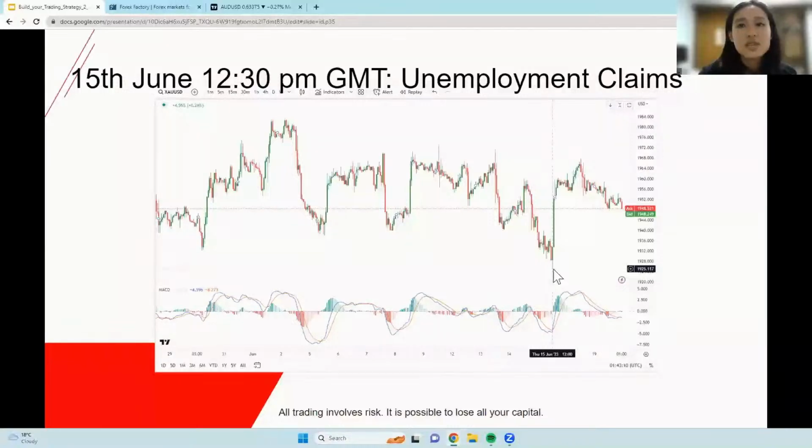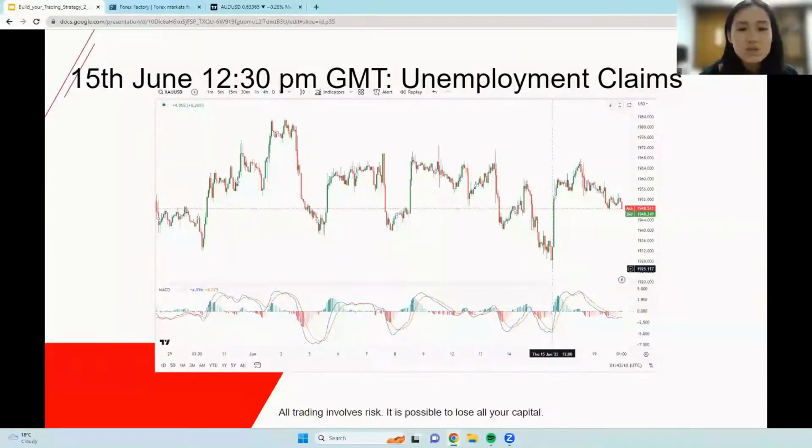So very bullish signals, and you see price shoot up at the same time. This is just because gold tends to be negatively correlated to the DXY. Tends to be, not always, but yeah.